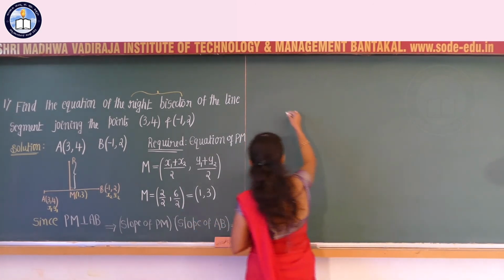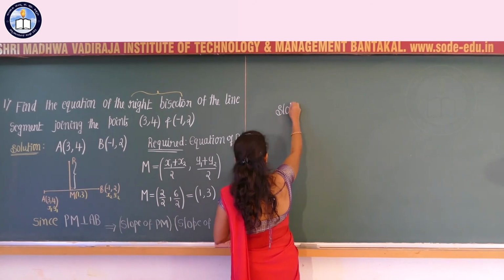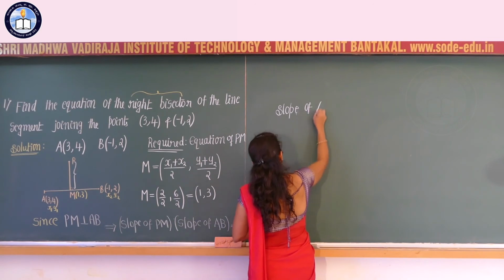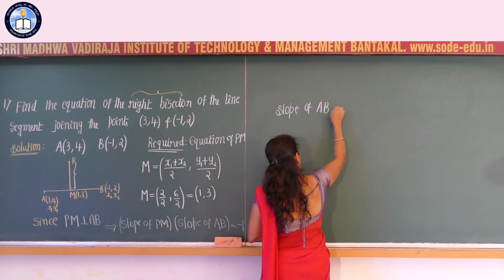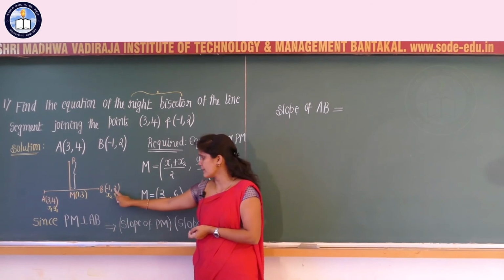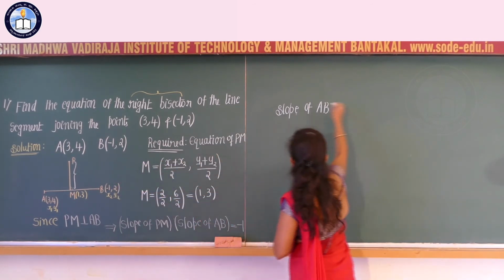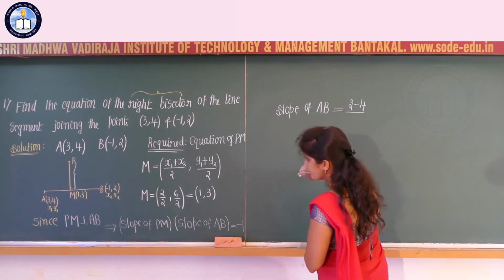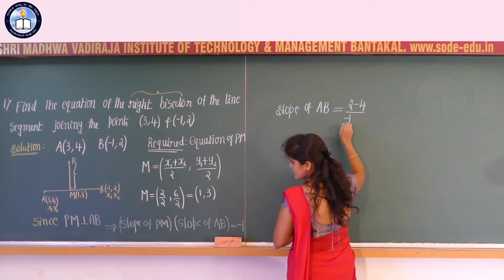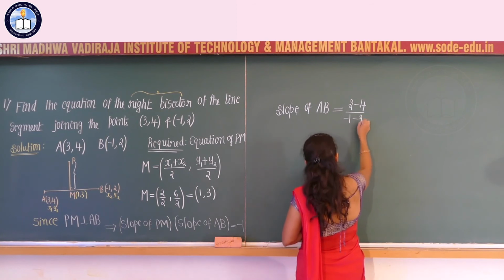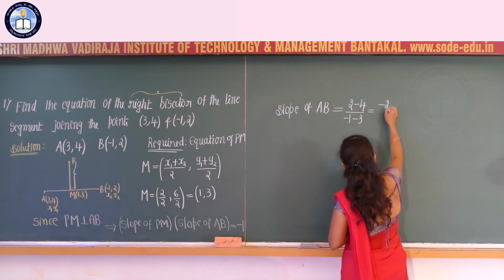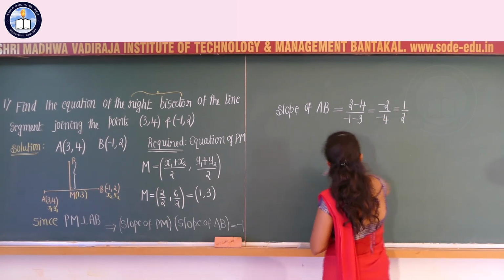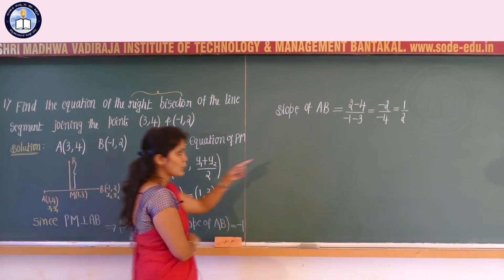So let us consider what is the slope of AB. If we are having two ordered pairs, then the slope is given by y2 minus y1 divided by x2 minus x1, that is 2 minus 4 divided by minus 1 minus 3, that is minus 2 divided by minus 4, which I can write as 1 by 2. The slope of AB is equal to 1 by 2.